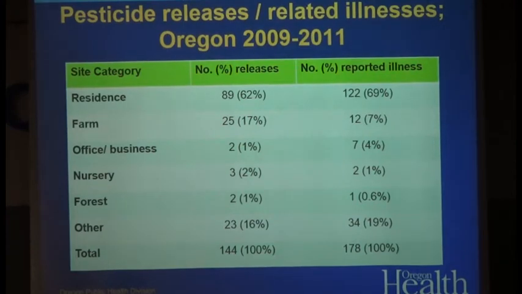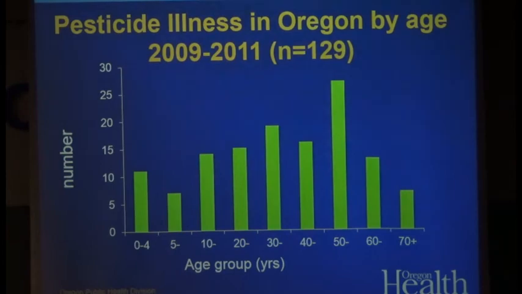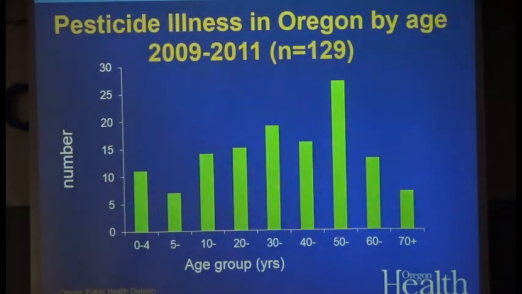Next, you'll see farm-related exposures, and then you'll note that forestry-related releases and reported illnesses account for about 1% of the total number of releases and reported illnesses. And we know that there are more cases of acute pesticide-related illnesses among adults aged 50 to 59 than in other age groups.